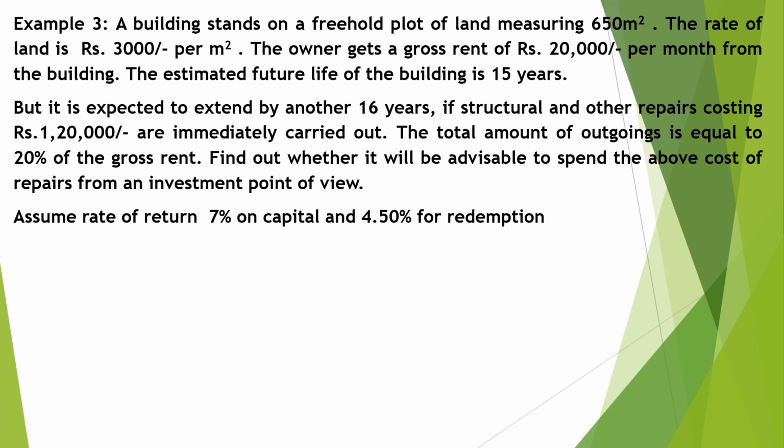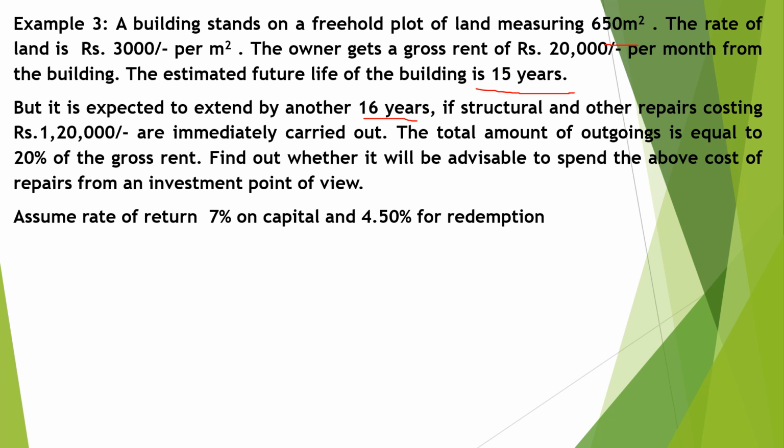Next example: a building stands on a freehold plot of land measuring 650 square meter. The rate of land is 3,000 per square meter. The owner gets a gross rent of rupees 20,000 per month from the building. The estimated future life of the building is 15 years, but it is expected to be extended by another 16 years if the structural and other repairs costing rupees 1,20,000 are immediately carried out.